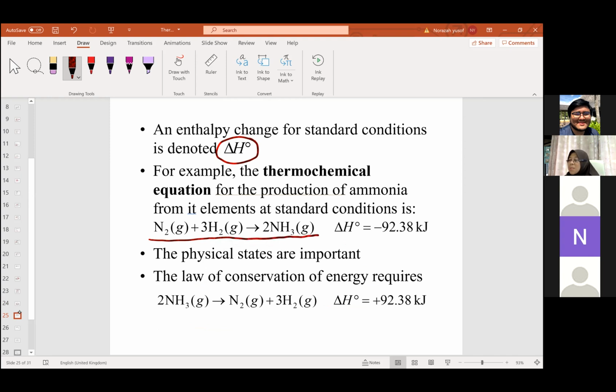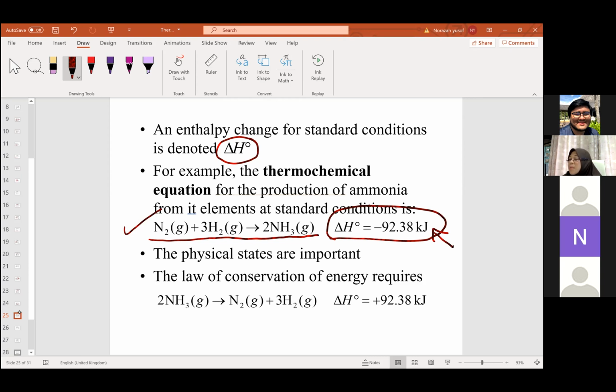So for example, this is the reaction between nitrogen gas and hydrogen gas. You can see the molecules N2, H2. When you have a balanced equation, there is a tabulated value of standard enthalpy. It means that if the reaction is balanced, you can use this value of standard enthalpy.